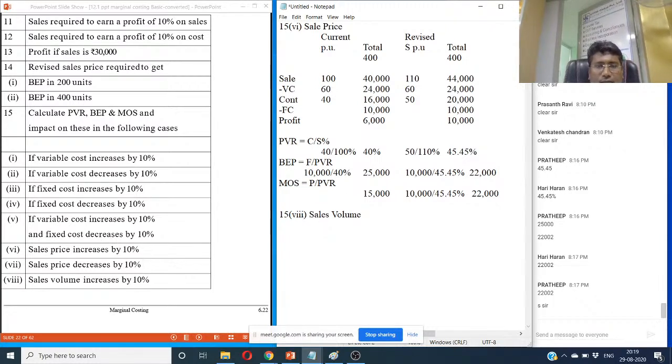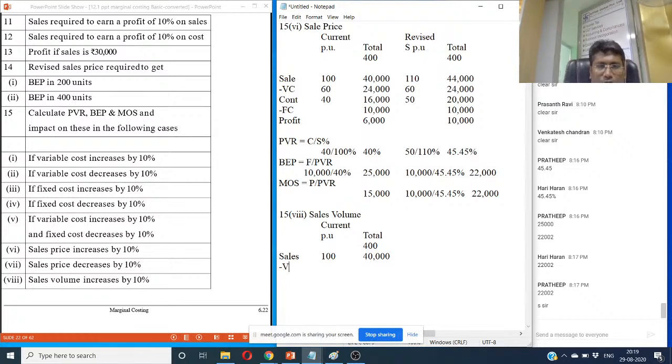Let's see the current scenario. Sales per unit being 100. This is per unit price. Total units being 400. Value being 40,000 rupees.